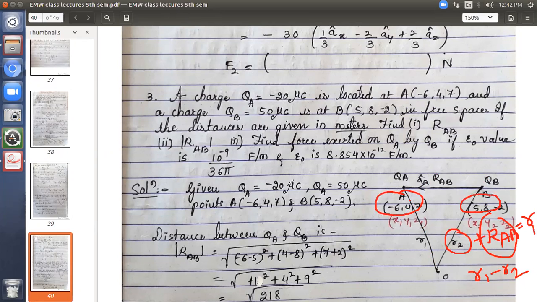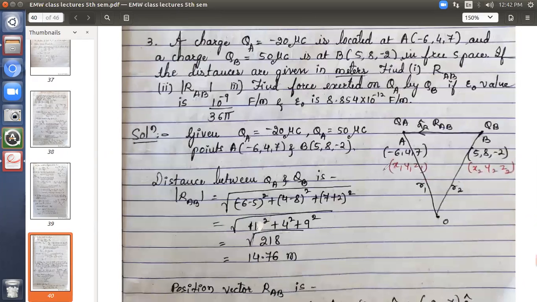So the subtraction will be x1 minus x2. It is not x2 minus x1, it should be 1 minus 2, because just now I have shown you the direction should be taken in anti-clockwise. R2 plus RAB equals R1, so RAB will be R1 minus R2.